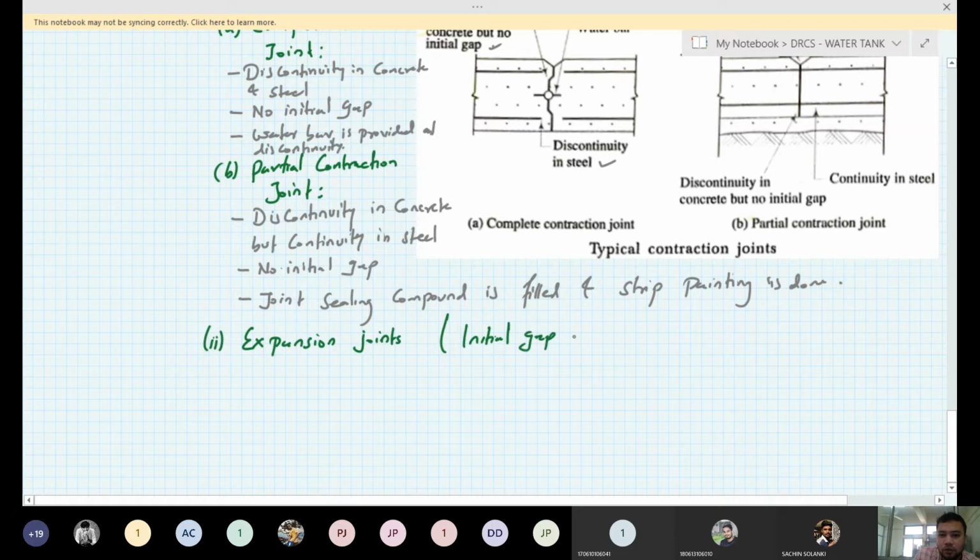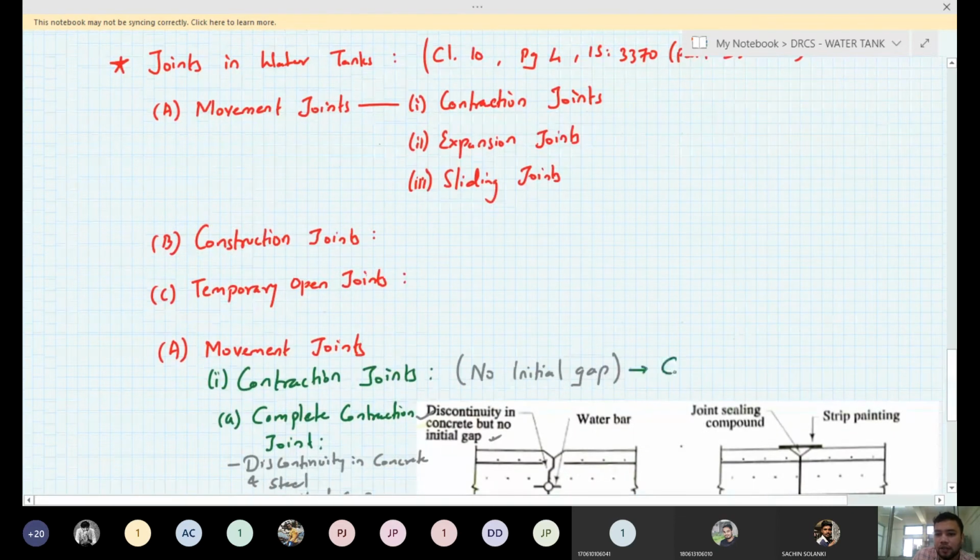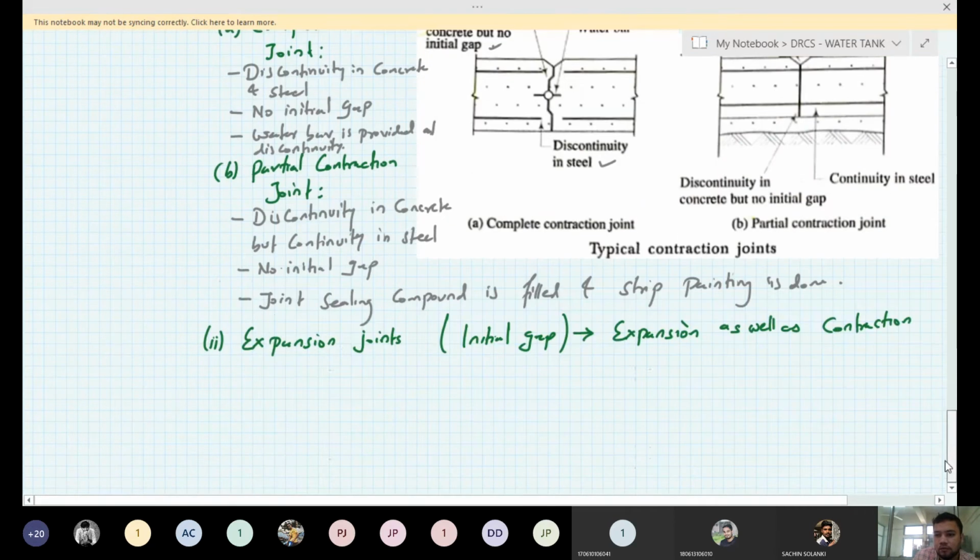Because the initial gap is provided, it will take care of expansion as well as contraction, whereas the contraction joint takes care of only contraction. Now let us see the figure of this.